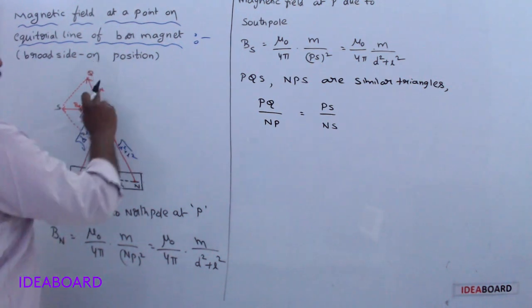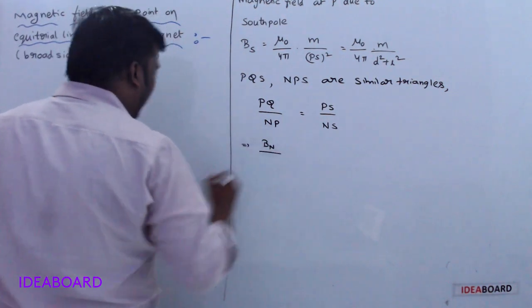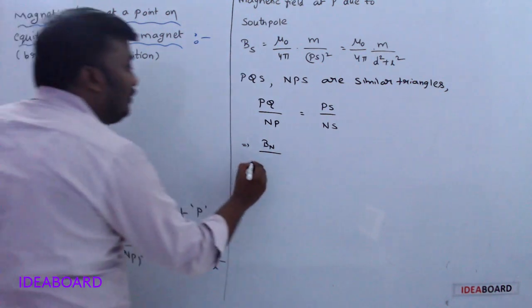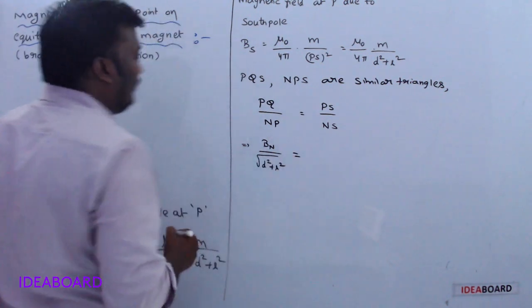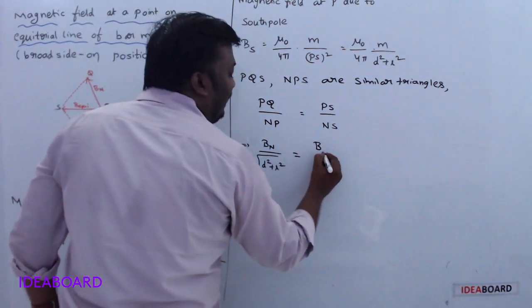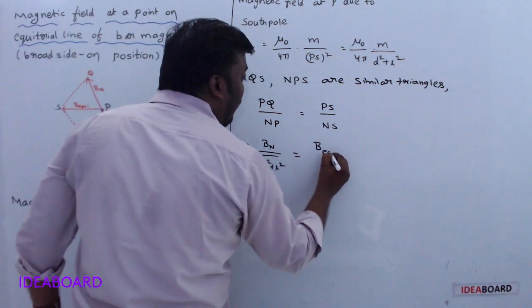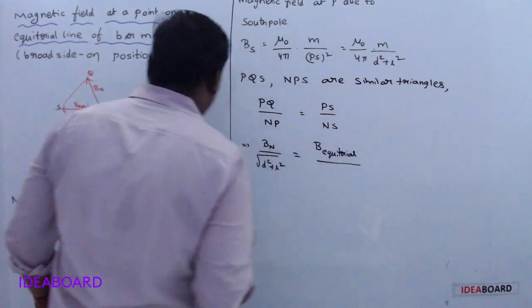What is the value of PQ? PQ is nothing but Bn, and NP value is under root d square plus L square. PS is nothing but B resultant, the value along the equatorial line that you want. That's why B equatorial by Bn.